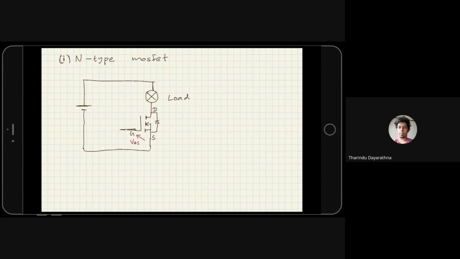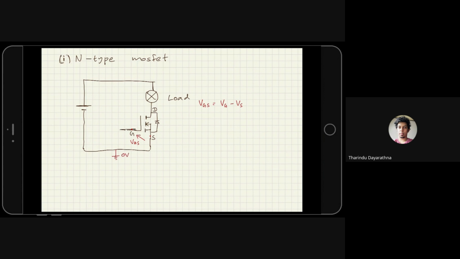So this VGS is equal to VG minus VS. VG and VS are the nodal voltages here and here. Since this is connected to the battery, we can define this as ground, 0 volt.